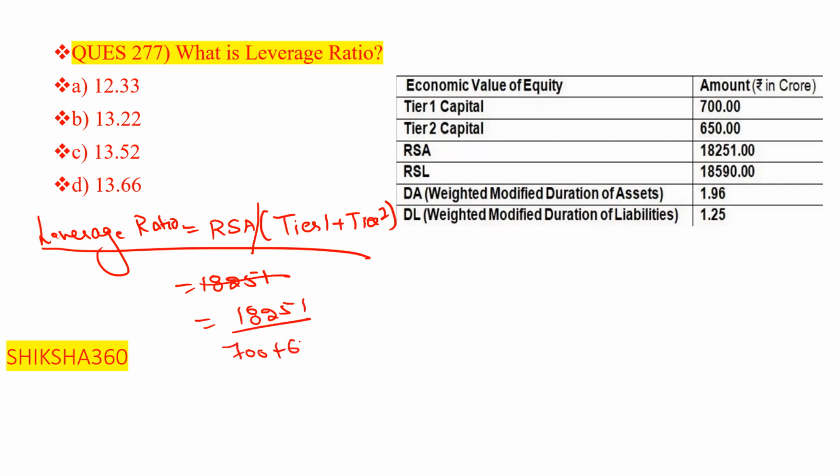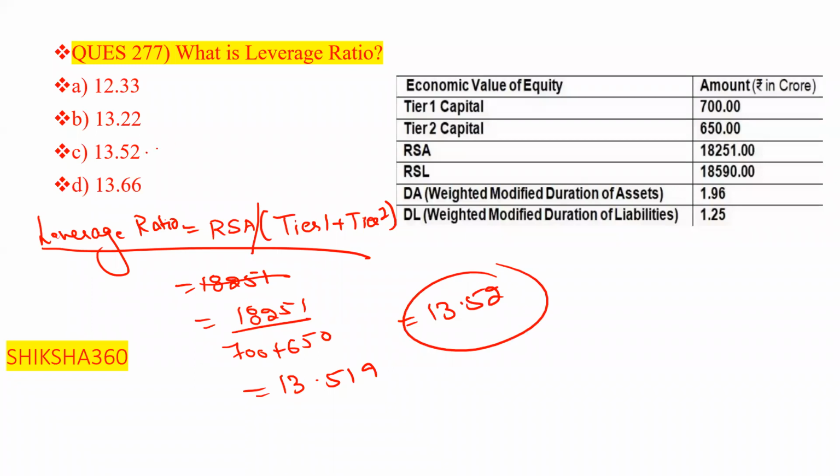RSA is 18251, and tier 1 plus tier 2 is 700 plus 650, which is 1350. So 18251 divided by 1350 comes out to 13.519, and we will approximate it as 13.5. So this one is our answer. Clear?